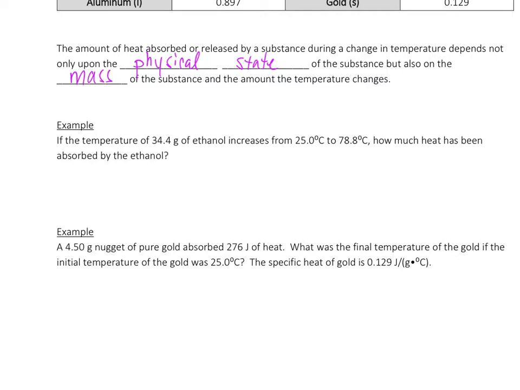If the temperature of 34.4 grams of ethanol increases from 25 degrees Celsius to 78.8 degrees Celsius, how much heat has been released or has been absorbed by the ethanol? So, first thing we want to take a look at is the fact that we have ethanol as our substance.